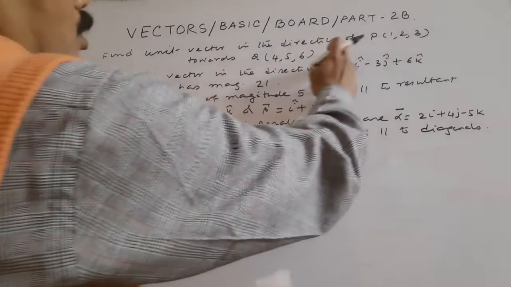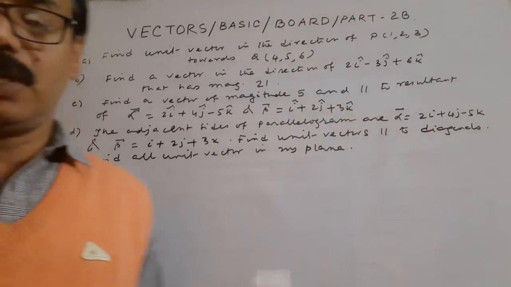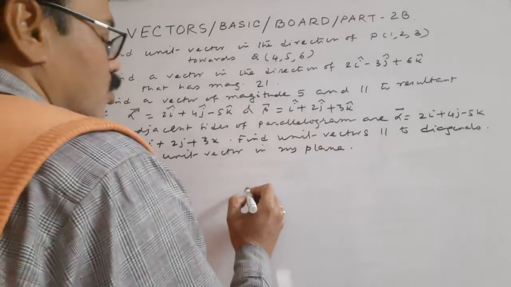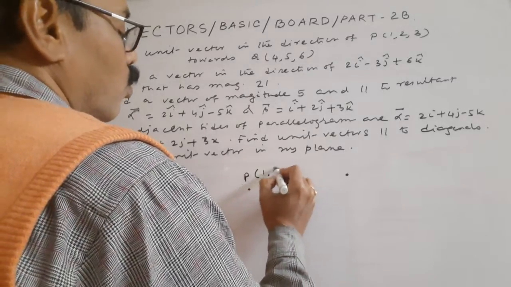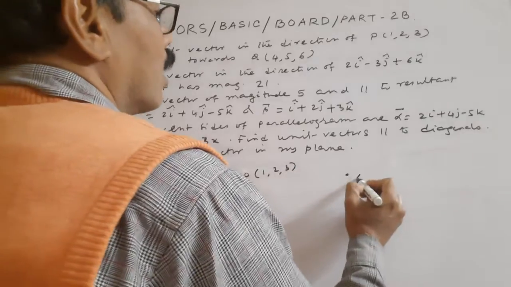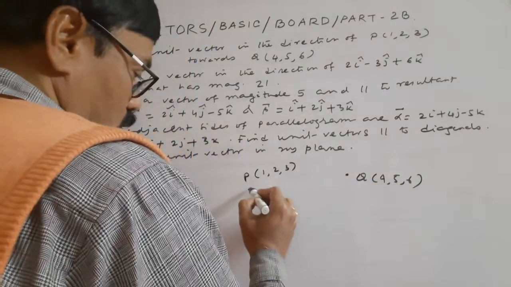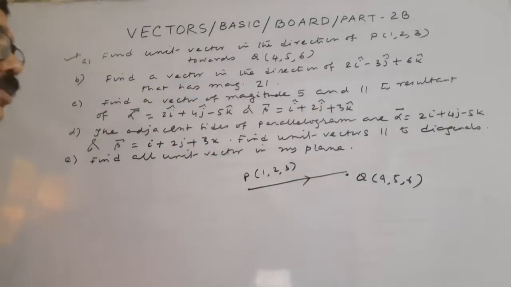Find the unit vector in the direction of P towards Q. So, P and Q are 2 points, P is (1, 2, 3) and Q is (4, 5, 6). So, P to Q, the arrow will be in this direction.